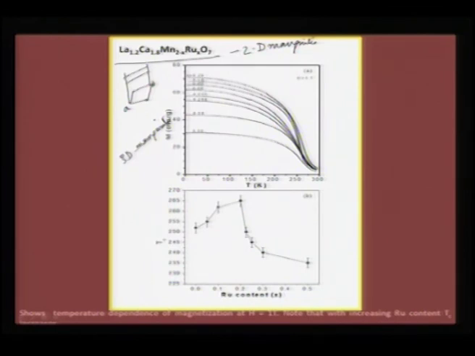But even in this case, as you see, if you put ruthenium, instead of killing the ferromagnetism, it is only improving the ferromagnetic transition. In other words, with more and more ruthenium concentration, you are able to push the Tc even to 20 Kelvin, which is a very unusual state.